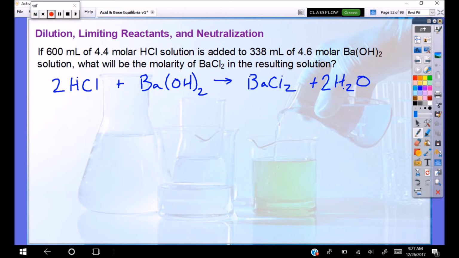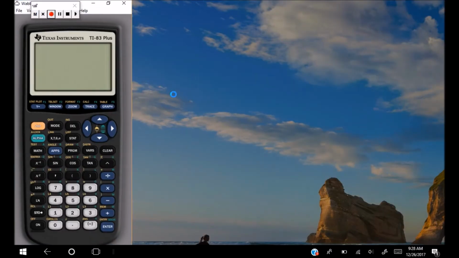Okay, so I have my original concentrations here, but what I need to really do is figure out how many moles I have. This is a limiting reactant problem. I need to figure out what molarity of barium chloride I have, therefore I need to figure out how many moles of barium chloride I have. So I know that on one side I've got 4.4 molar times 0.6 liters, and I can figure out my concentration there, 4.4 times 0.6.